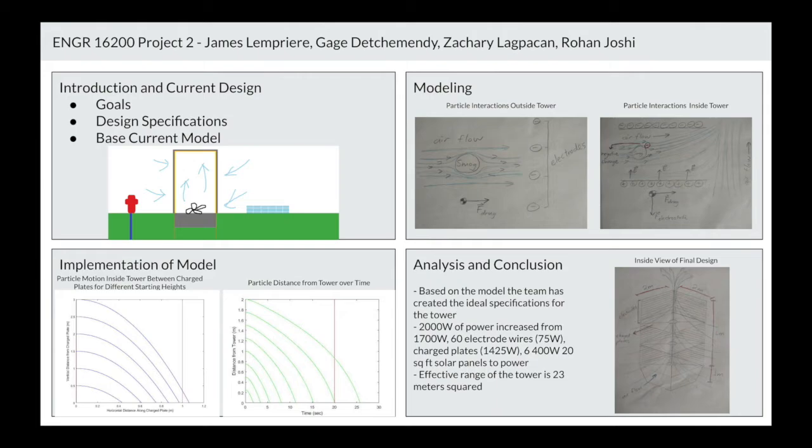The bottom meter will be reserved for the fan and power supply. The fan should be 2,500 cubic feet per minute, and its range should be at least 8 feet. This will take 500 watts of power. The electrodes should receive 5% of the power left after allocating to the fan.